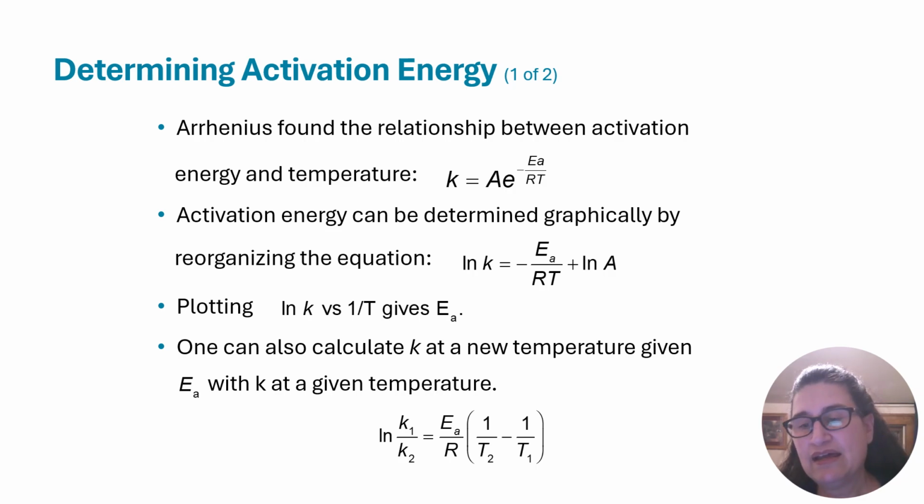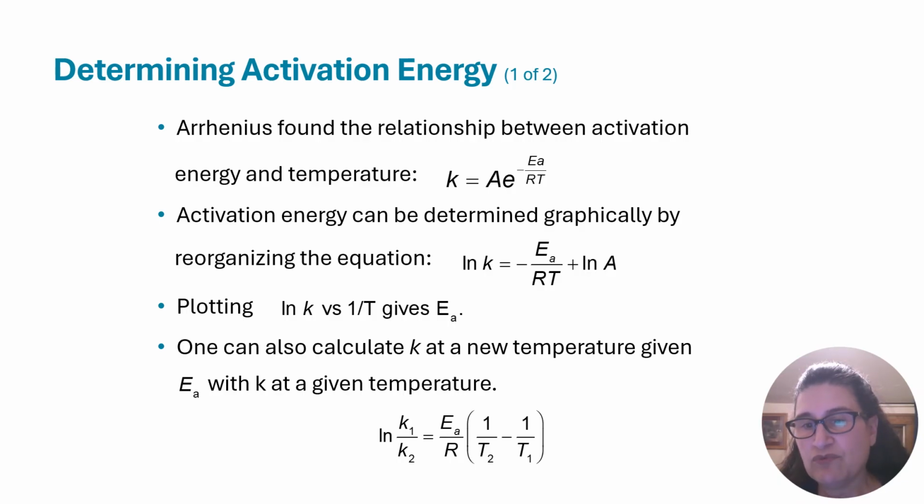All right, activation energy is involved in what's called the Arrhenius equation. And this is the Arrhenius equation. We have k, which is the rate constant, A, which is that frequency factor, e, which is the opposite of the natural log, Ea, my activation energy, R, my ideal gas law constant, and T, my temperature.